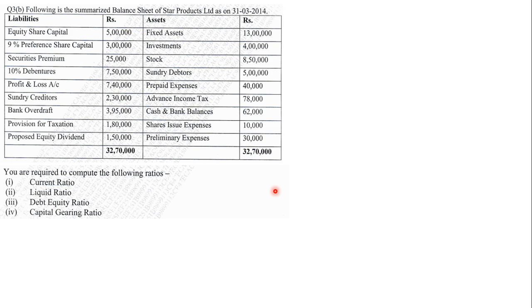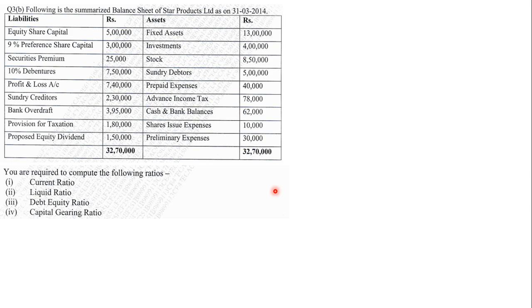Okay, following is the summarized balance sheet of Staff Product Limited as on 31st March 2014. The liabilities are given: equity share, preference share, security premium, debentures, profit and loss account, sundry creditors, bank overdraft, provision for tax, proposed dividend.